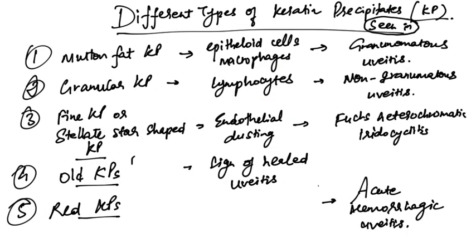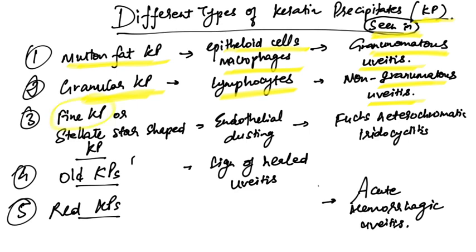Now, different types of keratic precipitates, KPs. Mutton fat KPs are composed of epithelioid cells and macrophages, and they are seen in granulomatous uveitis. Now, granular KPs are composed of lymphocytes, and they are seen in non-granulomatous uveitis.